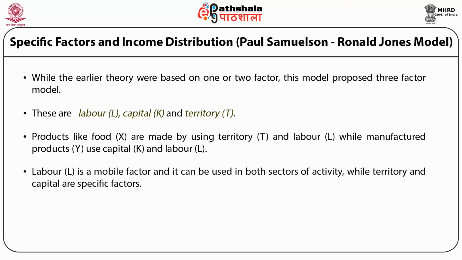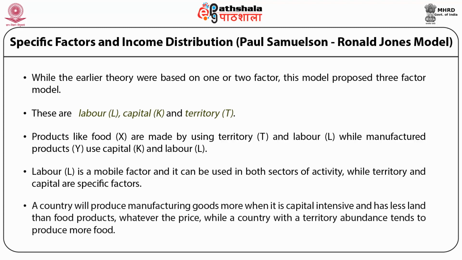Labor is a mobile factor and it can be used in both sectors of activity, while territory and capital are specific factors. A country will produce more manufactured goods than food products, whatever the price, when it is capital intensive and has less land, while a country with an abundance of territory tends to produce more food.